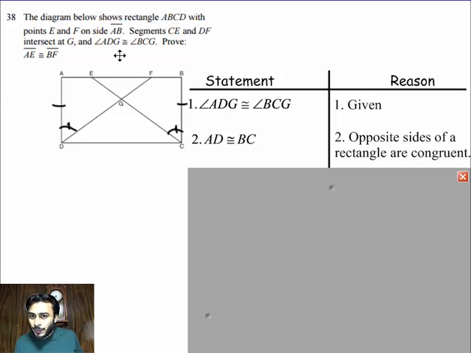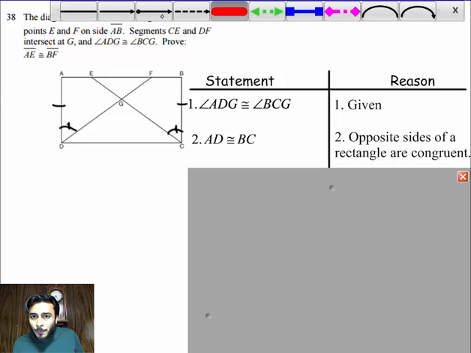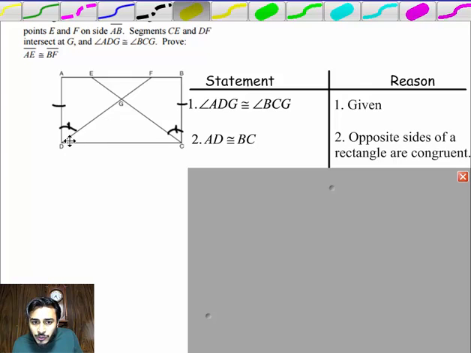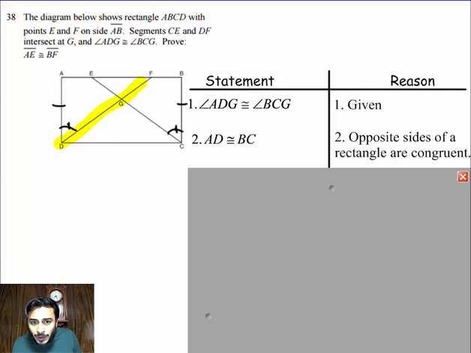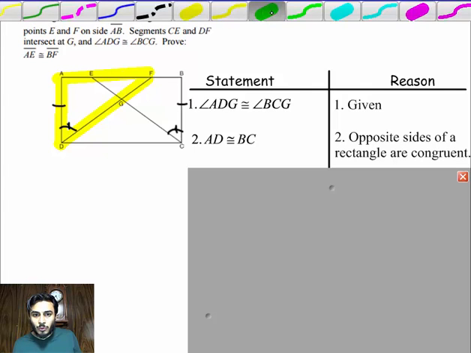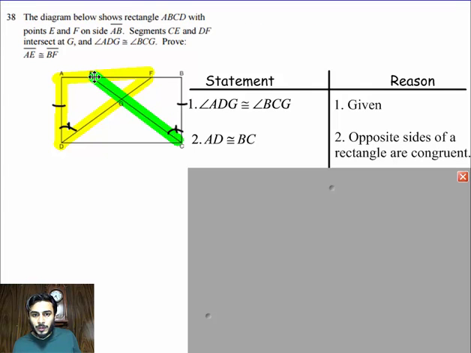The reason I'm going that route is because I'm trying to prove that this triangle here, that triangle that I highlighted in yellow, is congruent to this triangle here. So that's why I'm going this route. I'm trying to prove those two triangles are congruent.